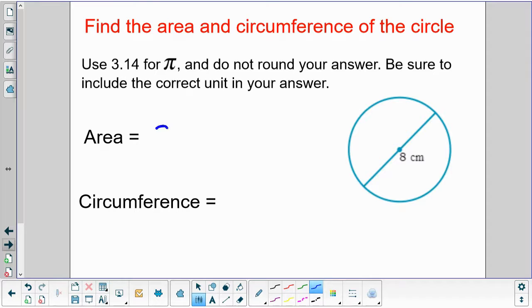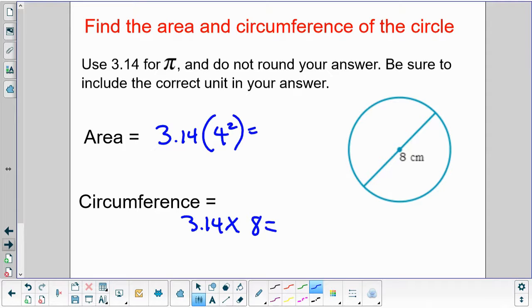Okay, let's just do one or two more here. So here's one where we've got a diameter of 8, which is a radius of 4. So we've got to find the area of a circle that has a radius of 4. So that would be 3.14 times 4 squared. And then the circumference would just be 3.14 times that 8, which was our diameter. So let's figure out each of these answers very quickly.